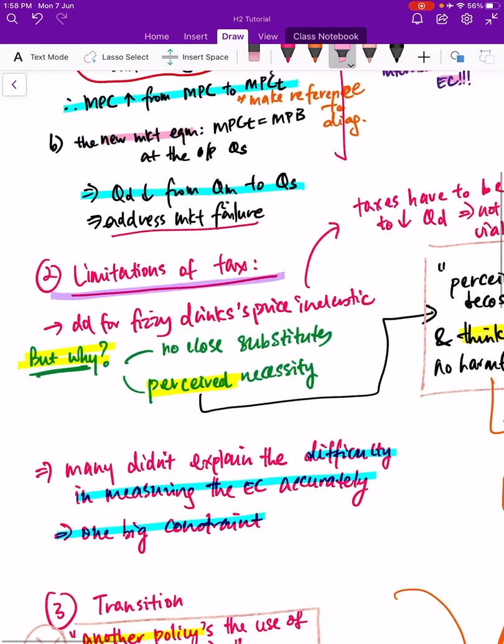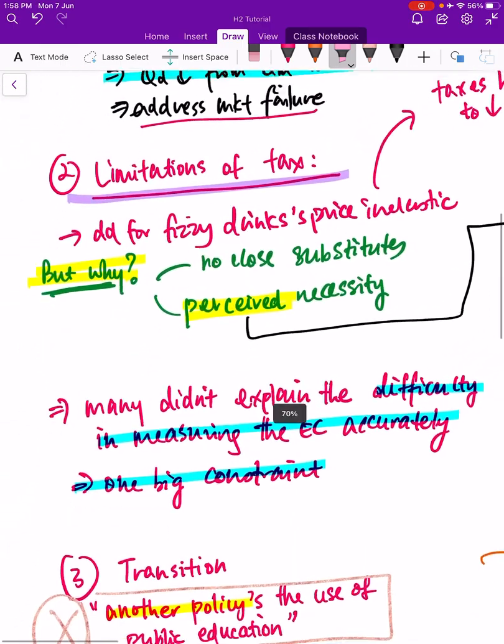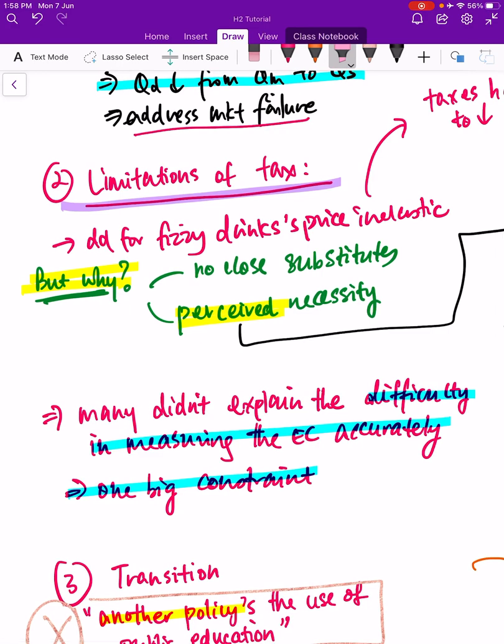Okay, next, then we look at the limitations of tax. Many of you can tell me that the demand for fizzy drink is price inelastic, but the main thing that I want to know is why. Okay, why? So I need to see things like there are no close substitutes. So when there are no close substitutes, it becomes like a necessity to these people who are addicted to fizzy drinks.